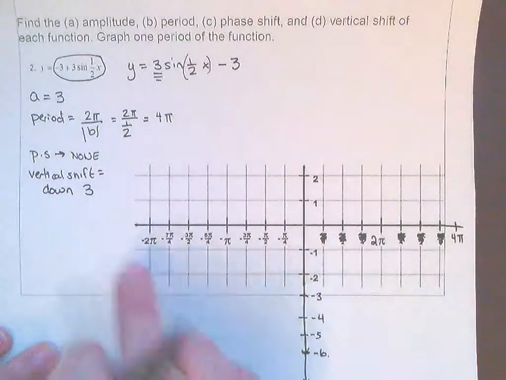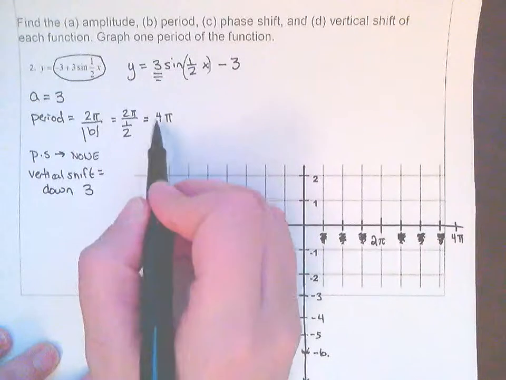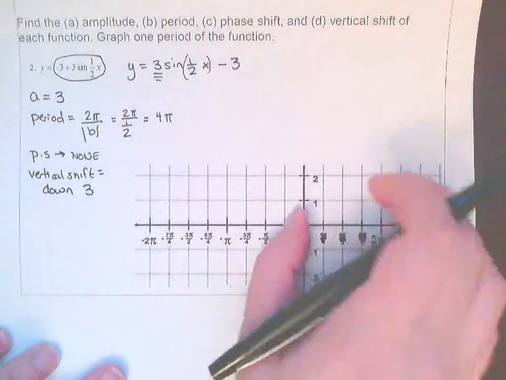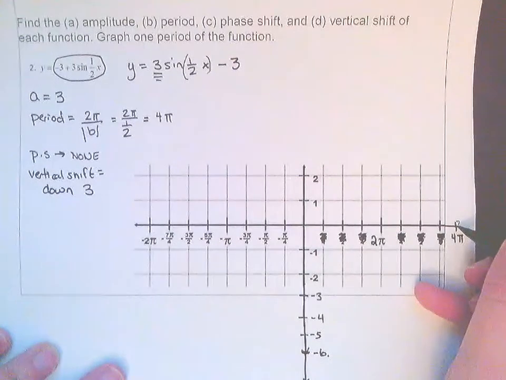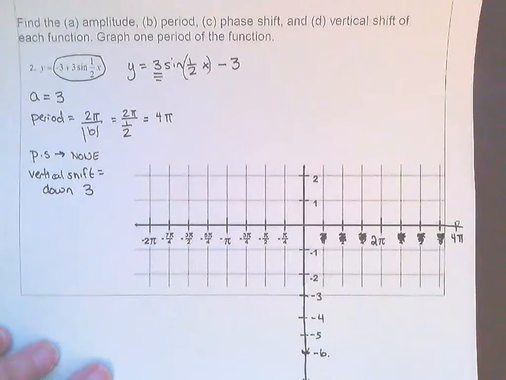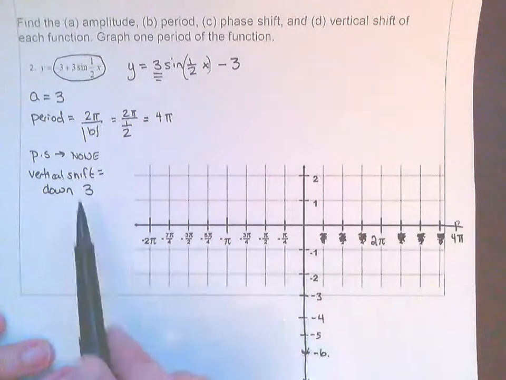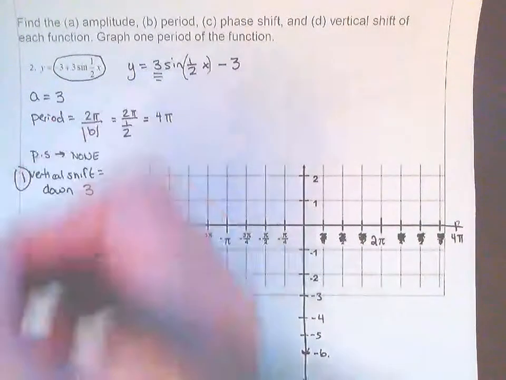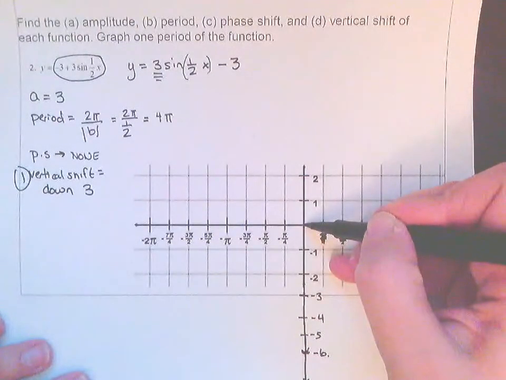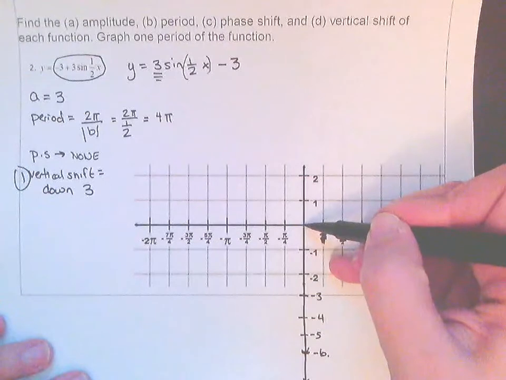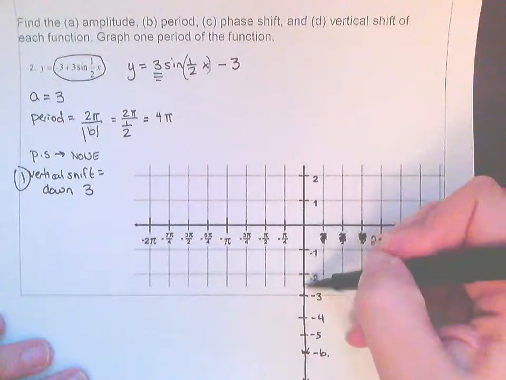Basically, because the period is 4 pi, this function is going to be stretched out so that the end of it is at 4 pi. So like I said before, the first thing you want to do is identify the vertical shift. Originally sine functions start at 0, so vertically they're going to shift down 3, so 1, 2, 3.